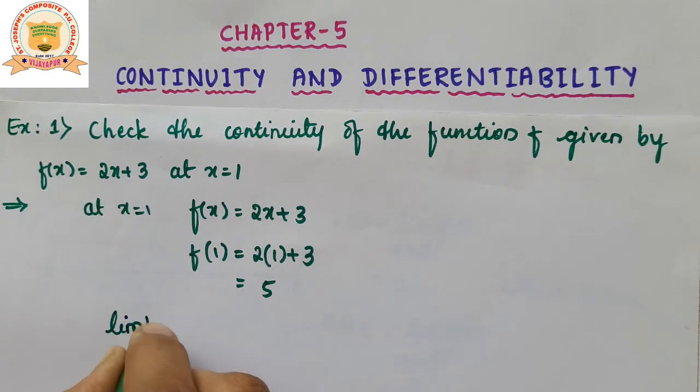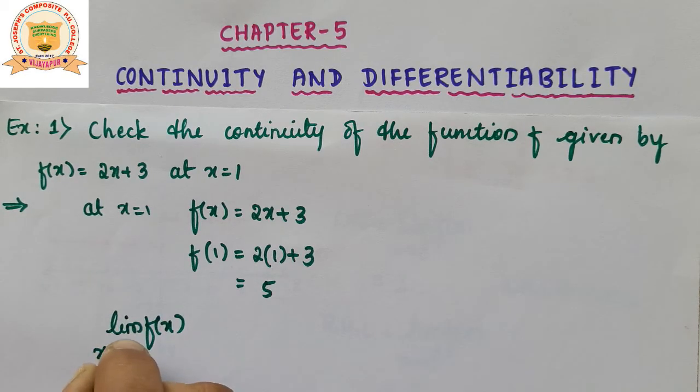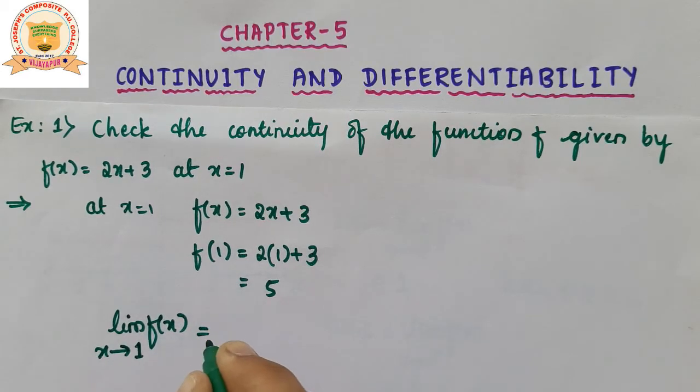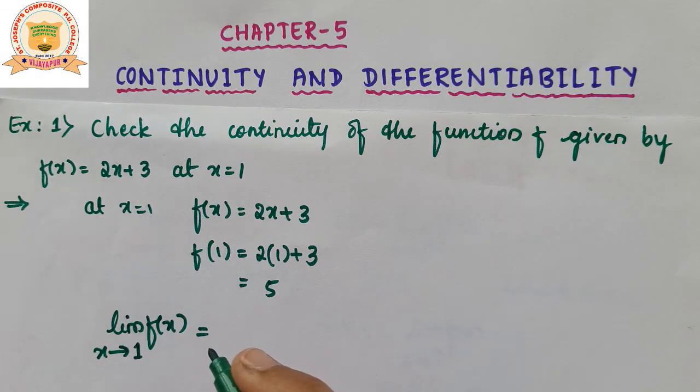Limit of the function as x tends to 1, or we say converges to 1. Here there is no need to find the left hand limit and right hand limit. Why?